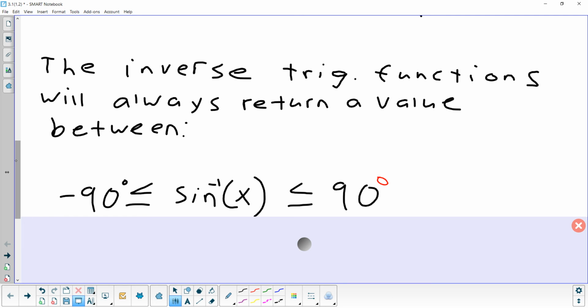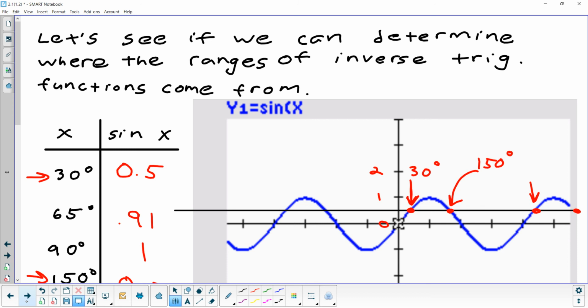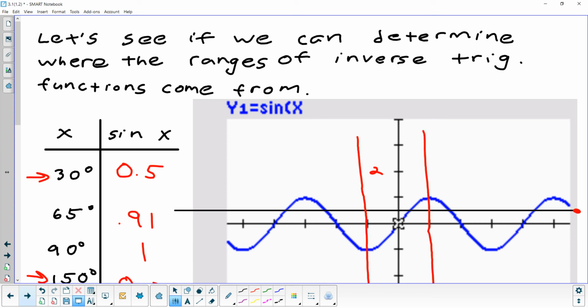Let me go back to the graph and then I'll come right back to this. Here's the graph. Get rid of everything else. There's negative 90. There's positive 90. I just want you to look in between those two red lines.